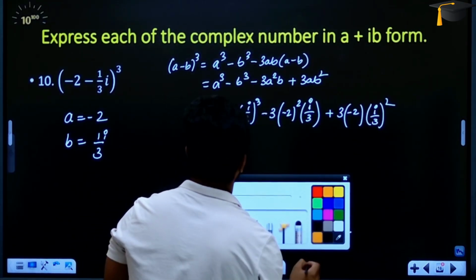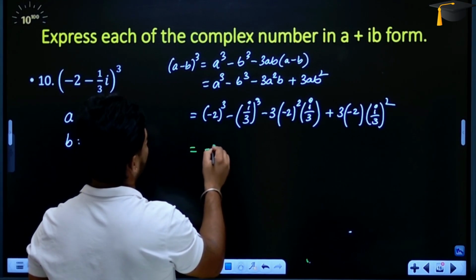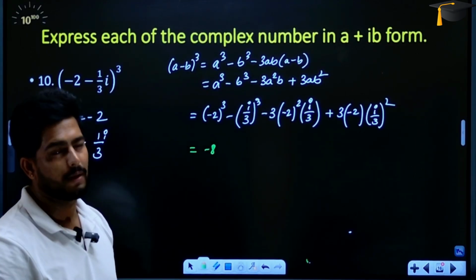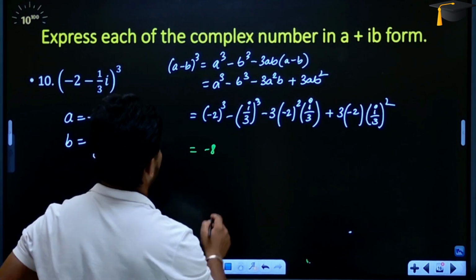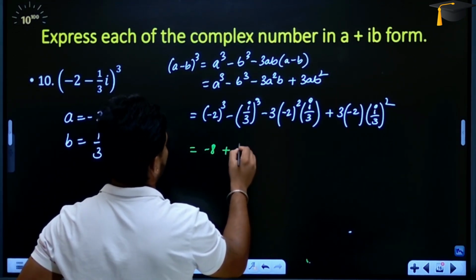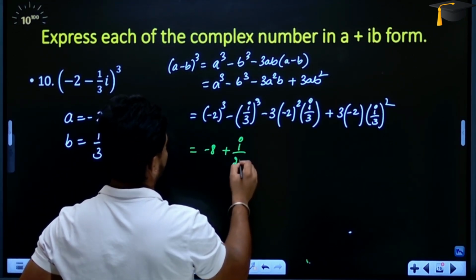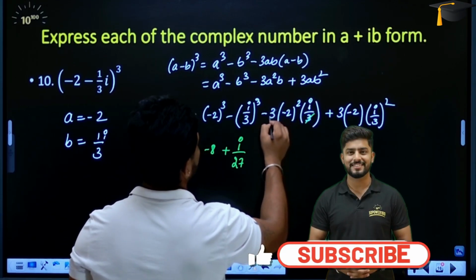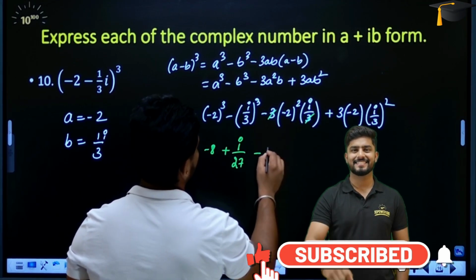Okay, so let's rewrite this. It is minus 8, i cube is minus i, under minus i by 27. Now it becomes plus. So plus i by 27 plus i by 27. The 3s cancel. It is minus 4i.